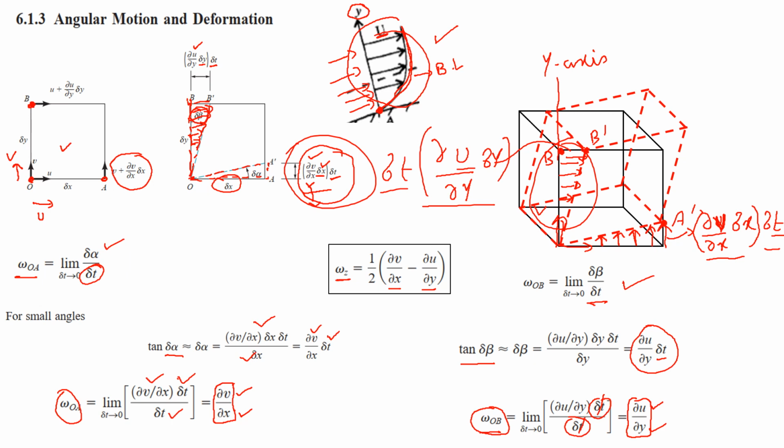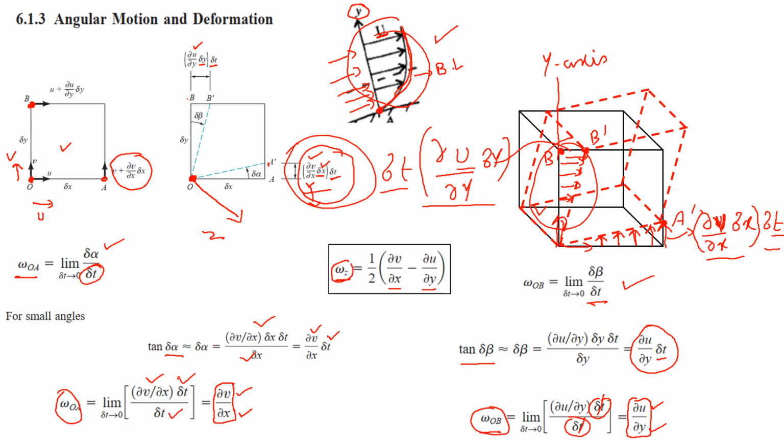As you can see here, these two edges will rotate about an axis perpendicular to these two edges, and that axis will be the z axis. If we draw a z axis to these two, this will be the z axis along which OA and OB are rotating.